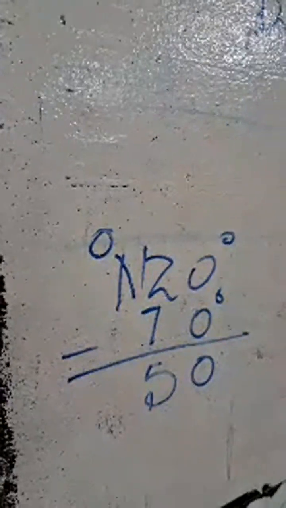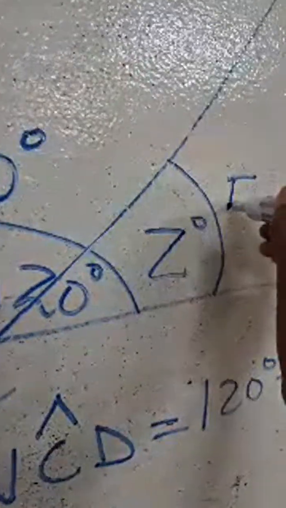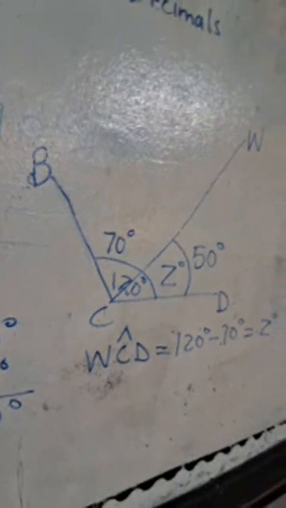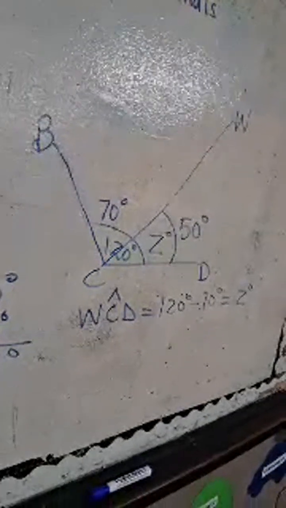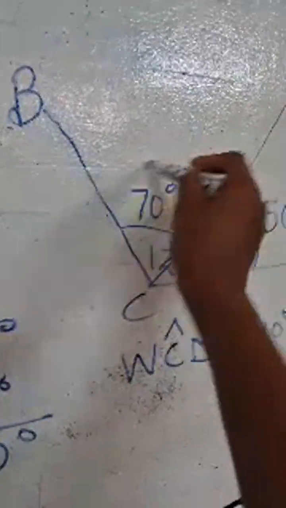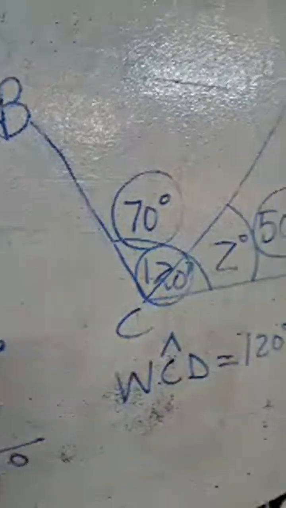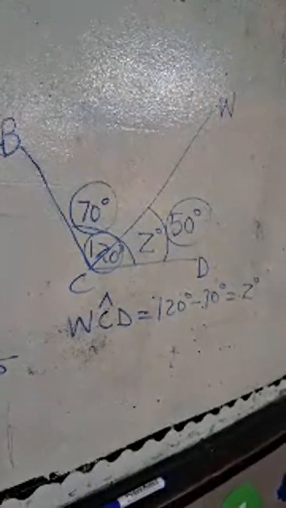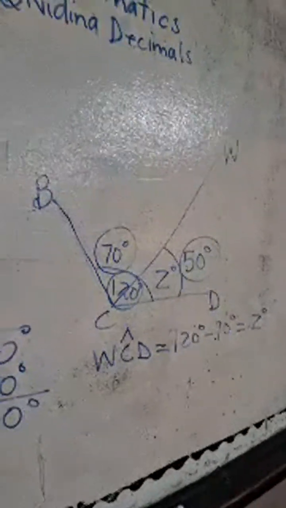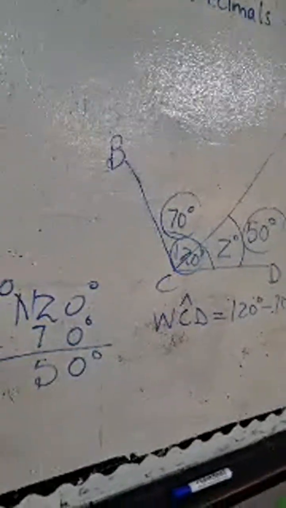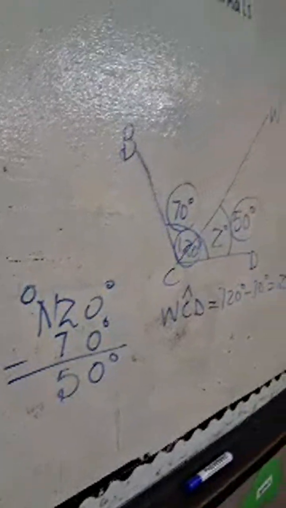And our answer now is going to be 50 degrees, all right? So we know that 70 plus 50 is going to give us 120. Alright? So that was what we did to solve the problem.